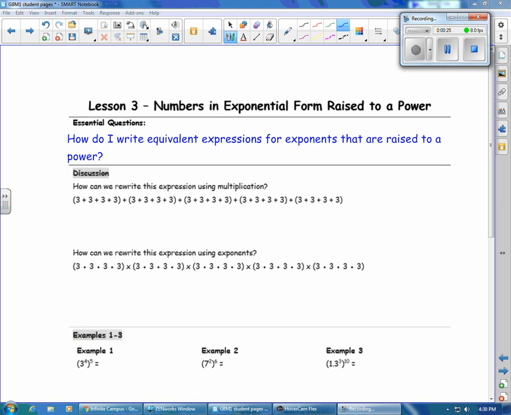When you were learning how to multiply numbers, it might have been explained to you that it was a shortcut method of showing repeated addition. So multiplication is a shortcut for repeated addition. Now there are 4 3's being added together, so we can say this is 3 times 4 plus 3 times 4 plus 3 times 4 plus 3 times 4.